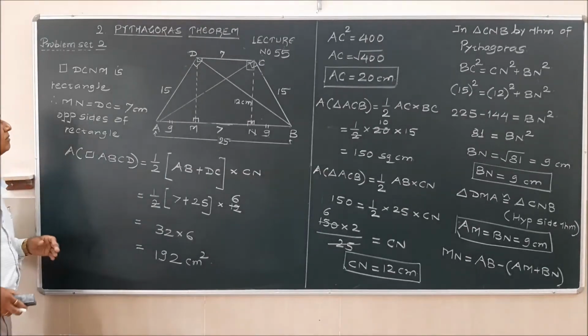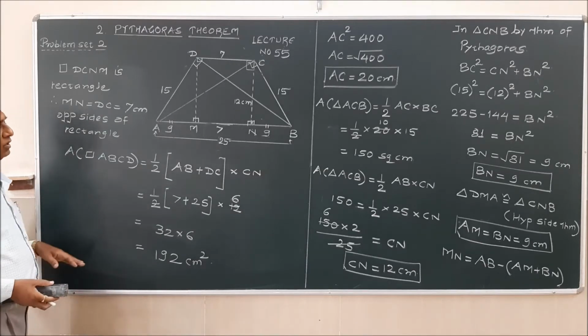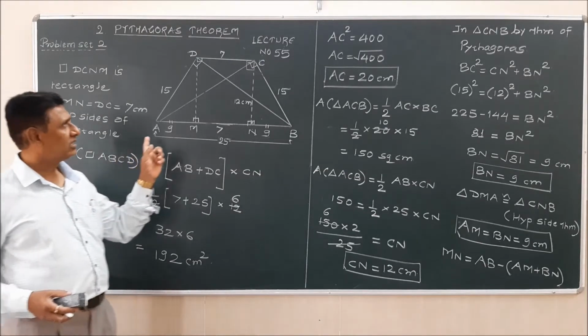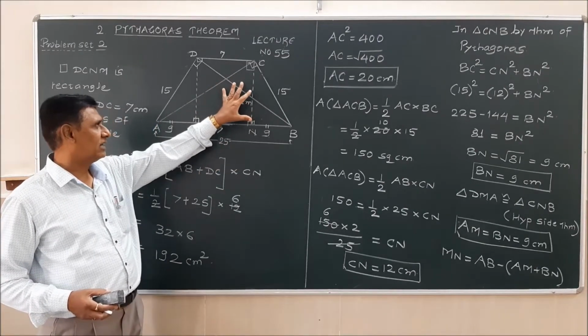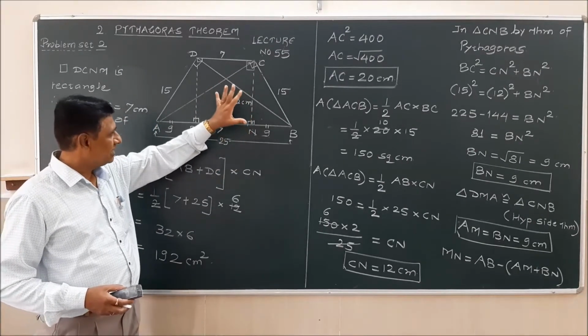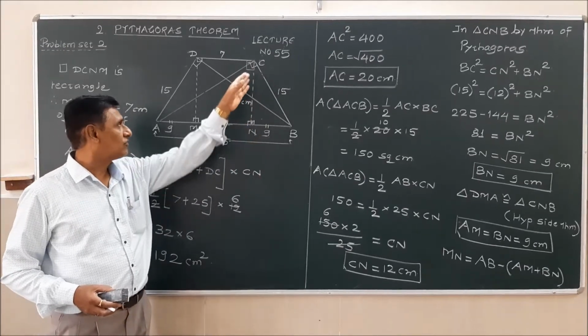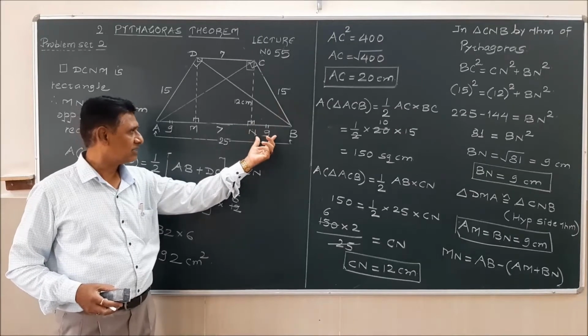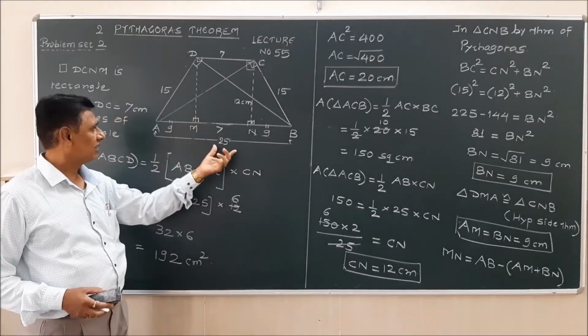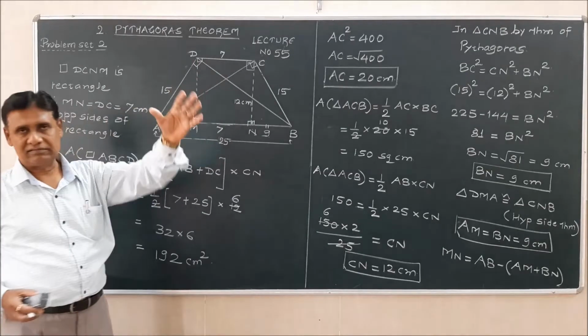The sum may come in the examination also. Only understand this concept: get AC and then find the area of triangle ACB. I am using the same area to get the value of CN, then apply the theorem of Pythagoras here to get NB as 9, this as 9, this is 7, this is 7. That's it.